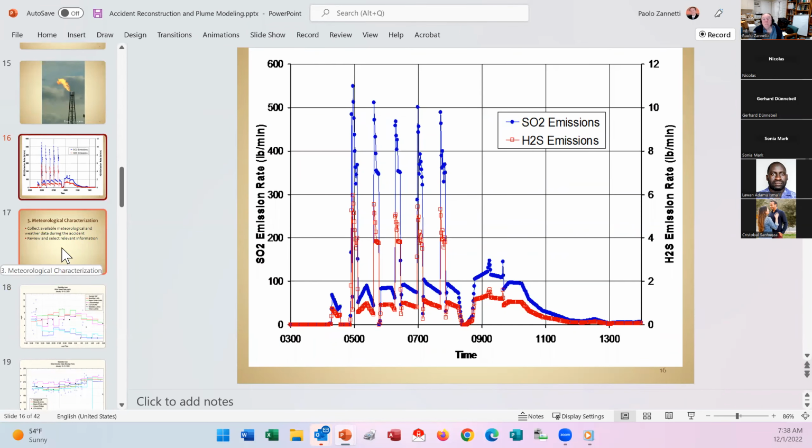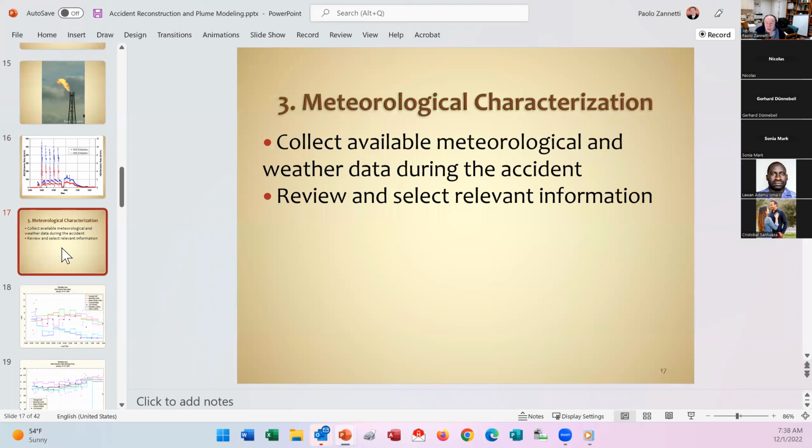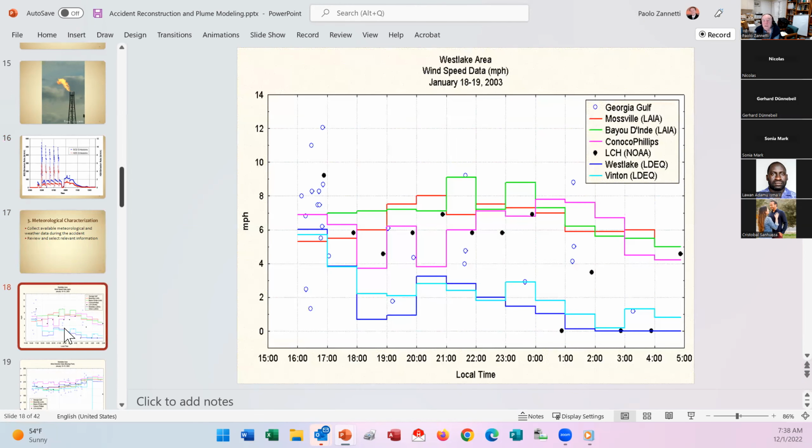Very good. The next step is the meteorology. I need to have good meteorology to do my simulation. So I need to collect all the available meteorological and weather data and select the stations that are the most reliable. This is a challenge because every time you go out and collect meteorological data, you find an enormous variation of measurements.